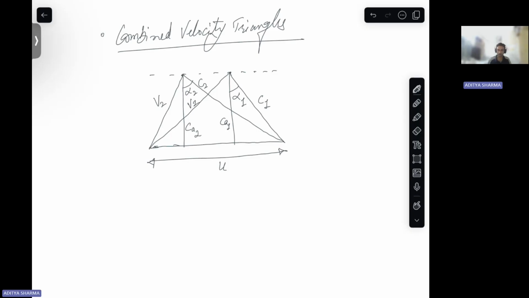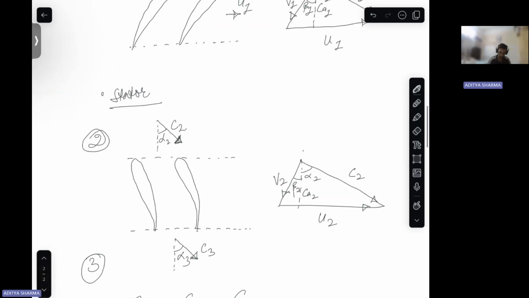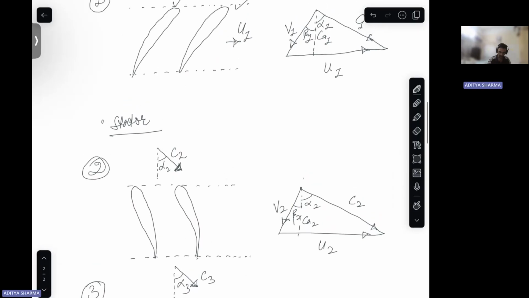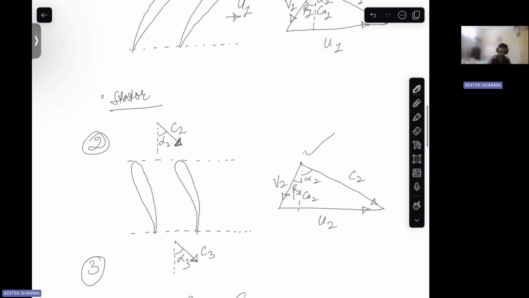The first one you can call inlet velocity triangle. So this basically gives your velocity triangle at your exit. This one is at your exit of your rotor. This one is at your inlet of your rotor. Okay. So this one is giving state one and this one is giving state two.